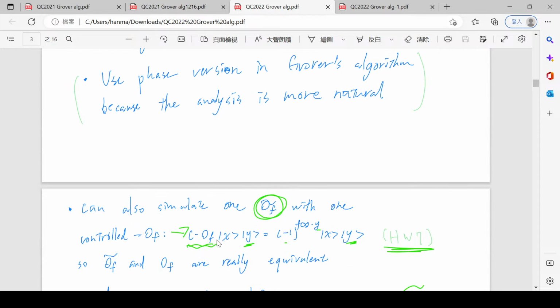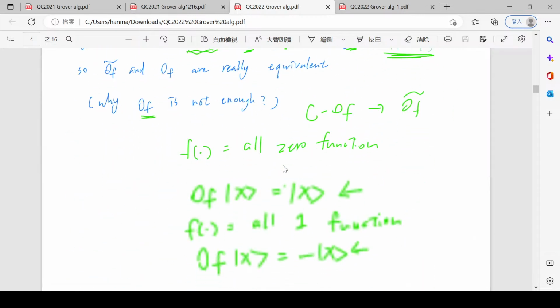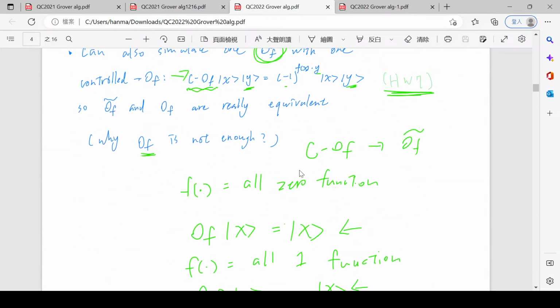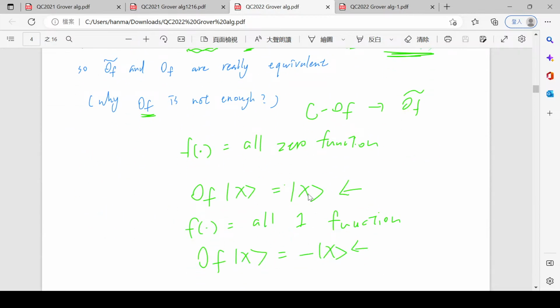And we have proved that the controlled version is equivalent to the standard version. So the controlled version of the phase oracle is equivalent to the standard version, in a previous homework. And you need a control because you can think about the constant functions, they are actually indistinguishable.